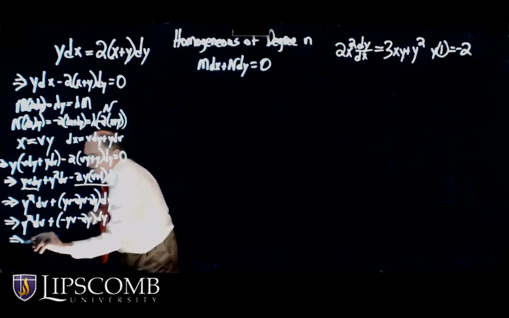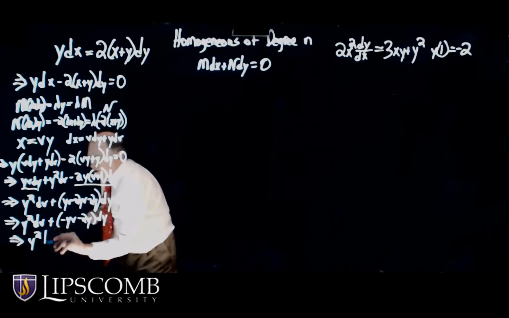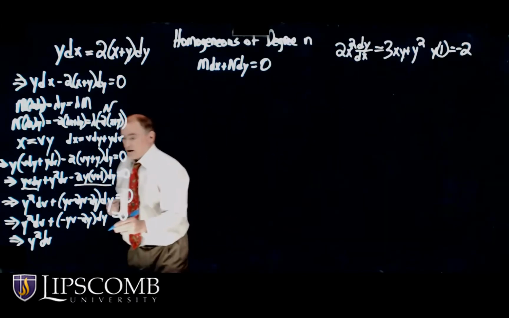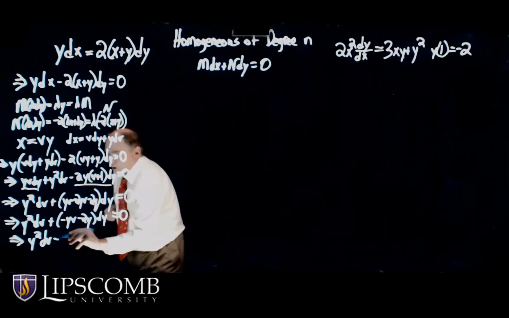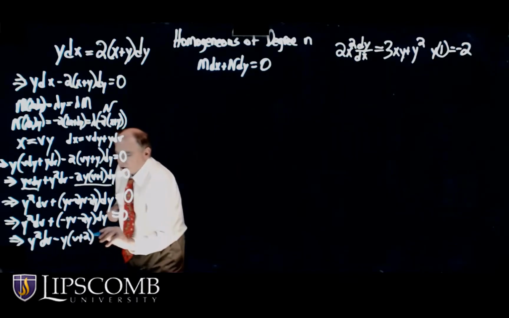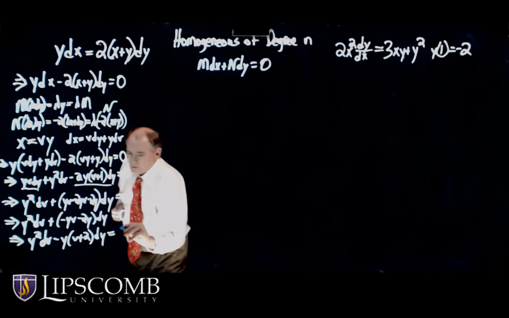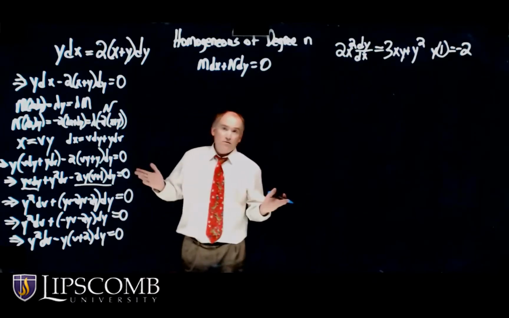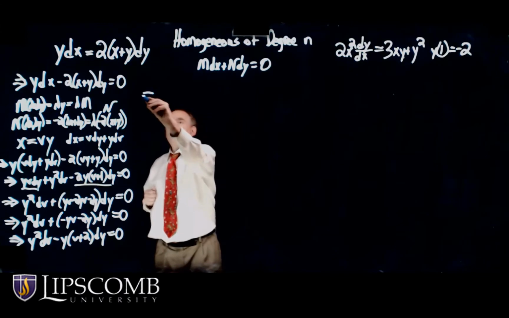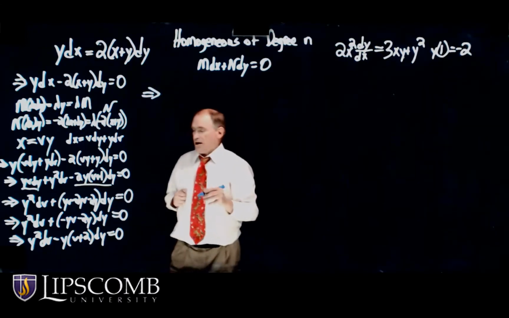So I can continue on. Y squared dv. What can I factor out? Well, I can factor out a minus y, and I end up with v plus 2 dy equal to 0. Now it's ready to separate the variables. So I come up here, and what do I have?